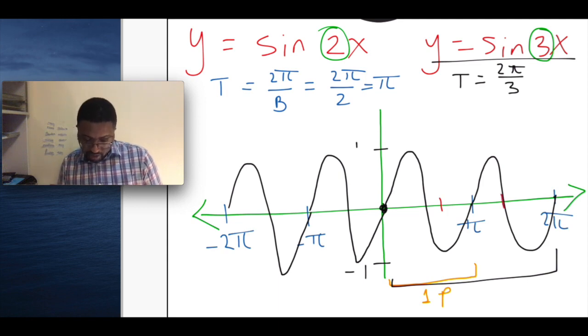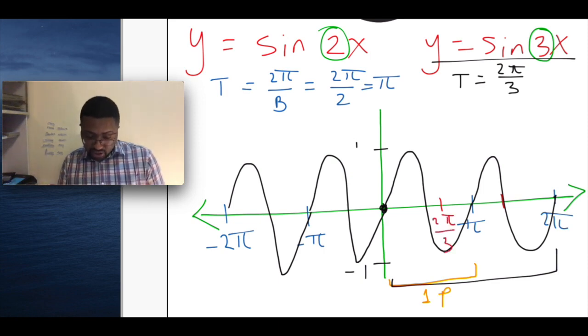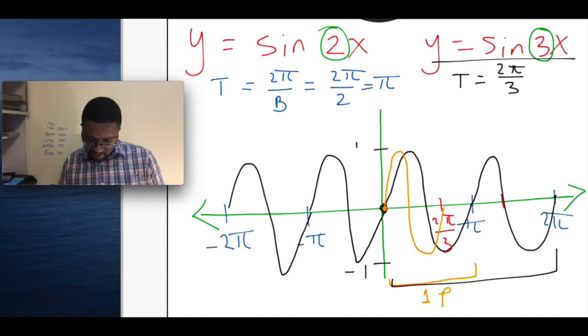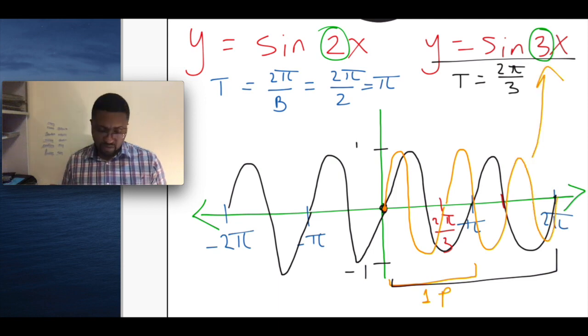So this will be 2 pi over 3 right there, right? So my graph will be going here. I'm going to have 1 cycle, and then another cycle, and then another cycle again. So this orange graph is y equal to sine of 3x.